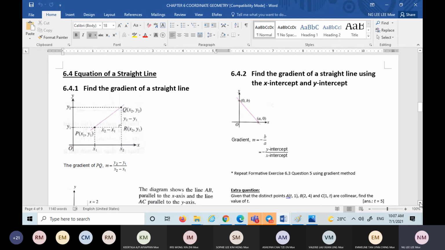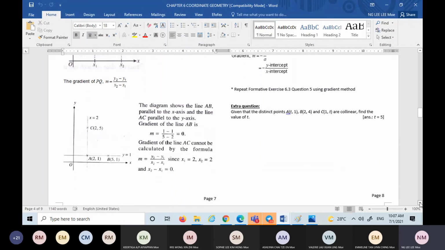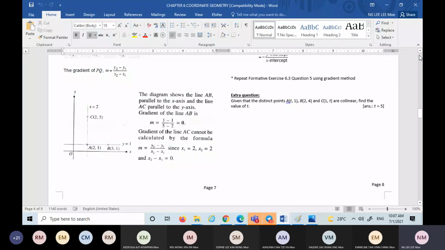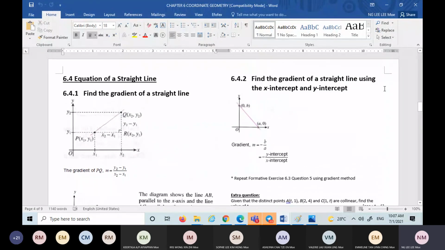Okay, first, you know how to find the gradient. I go through very fast. Anything that you think you didn't learn yet, you have to let me know. Find the gradient by using the formula y2 minus y1 over x2 minus x1. This is one thing. Find the gradient by using the x-intercept and the y-intercept, by using the formula, gradient as negative y-intercept over x-intercept.